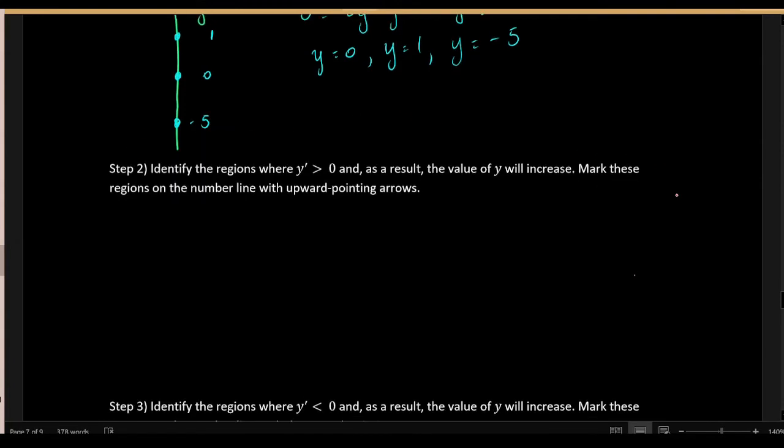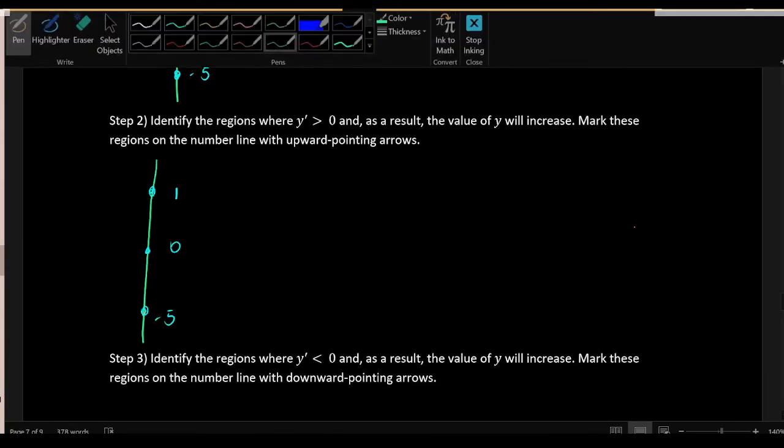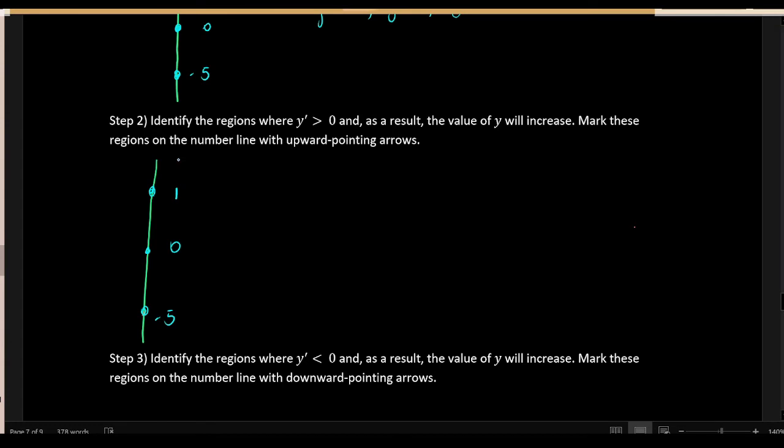each of these regions. In order to determine the sign of y prime in these regions between stationary points, I'm going to go into each region one by one and pick a test value. For example, in the first region, the one which is above y equals 1, I might pick the test value y equals 2.